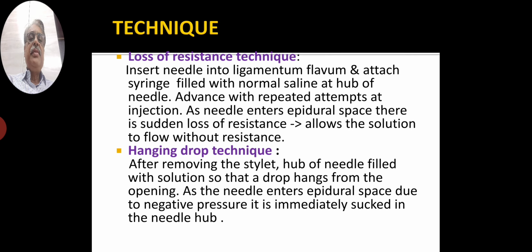The technique: we insert the epidural needle, and a syringe filled with normal saline is attached to it. It is advanced slowly. As the needle enters the epidural space, there is sudden loss of resistance and it allows the solution to flow easily without resistance.